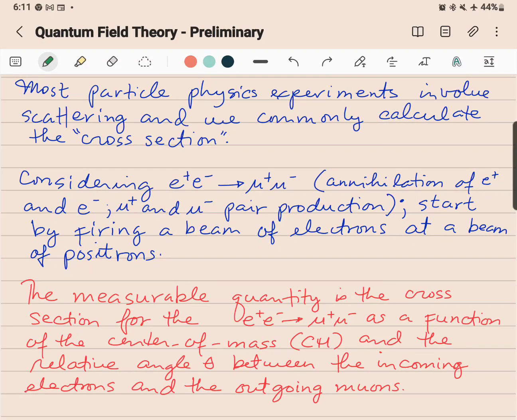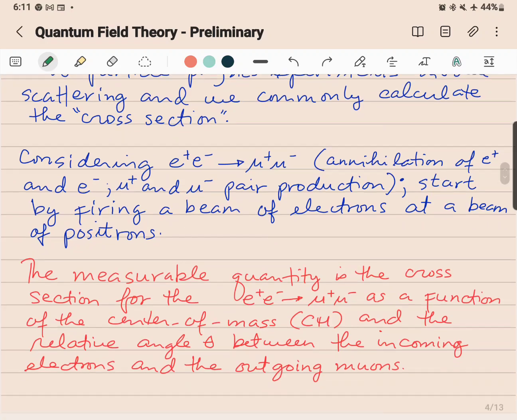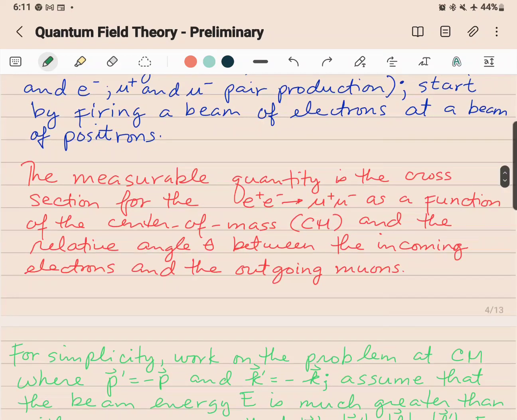So this is the annihilation of e plus and e minus, producing a pair of mu plus mu minus. We start by firing a beam of electrons at a beam of positrons. The measurable quantity is the cross section for e plus e minus to mu plus mu minus as a function of the center of mass energy, and the relative angle theta between the incoming electrons and the outgoing muon.